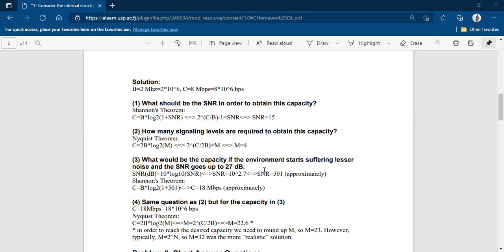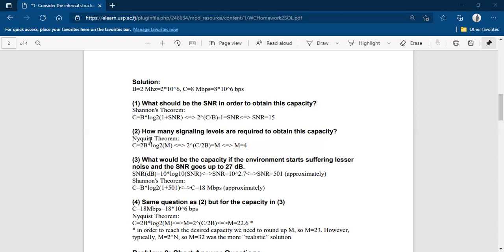So we want to know our capacity. Previously, we knew our capacity. Now we don't know our capacity. We know our SNR value, which is in dB. And what else do we know? We know bandwidth. So we know bandwidth and we know SNR. Which formula do we use, Shannon's or Nyquist? You can see Shannon's formula and the Nyquist theorem over here.